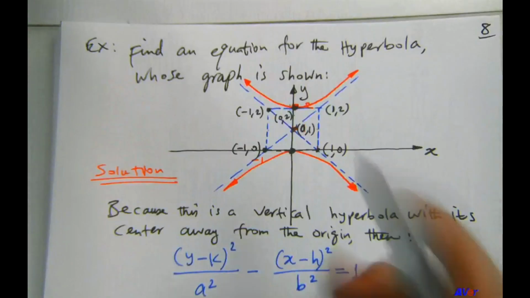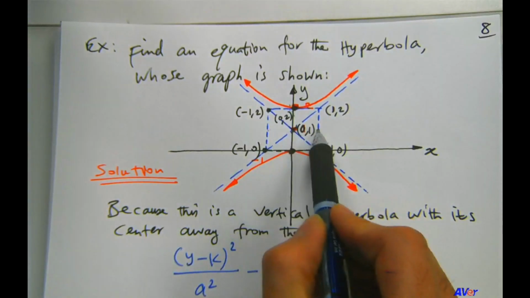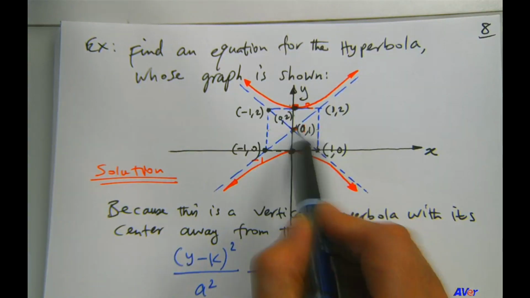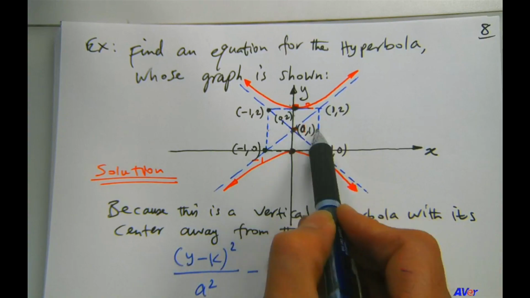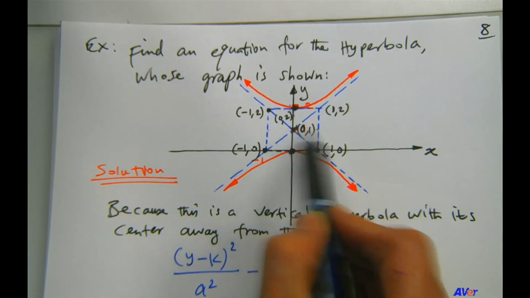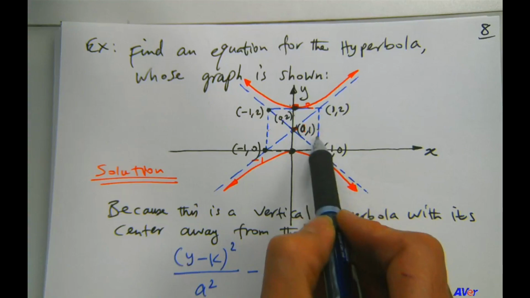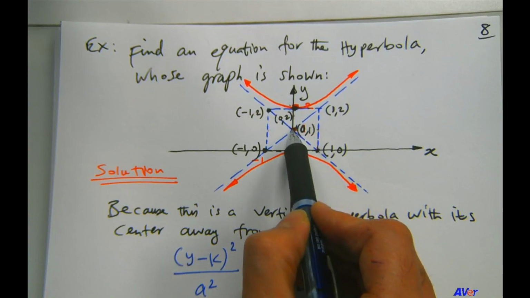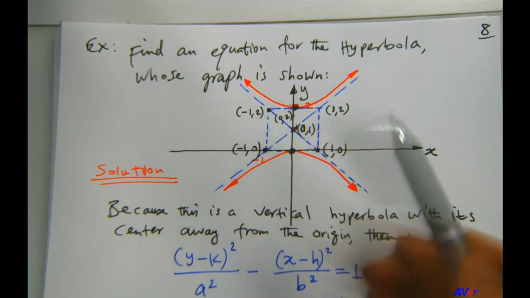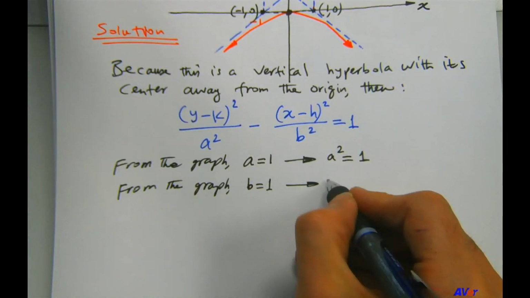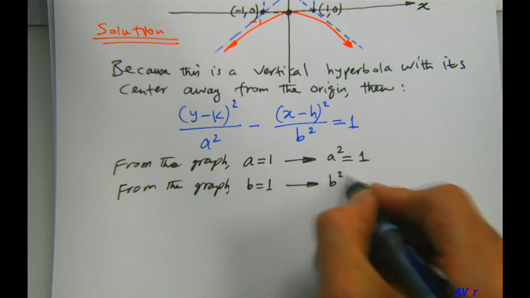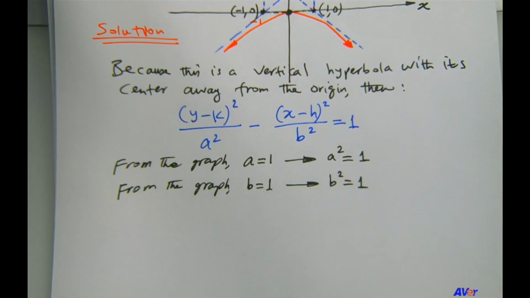And then B is from the center to this side of the central box. That's also 1. So if B is equal to 1, then B squared is also equal to 1.